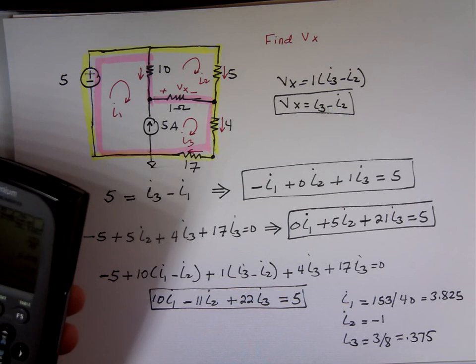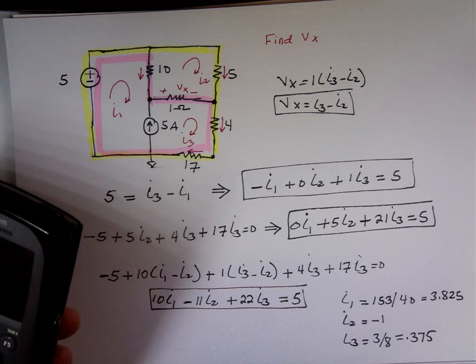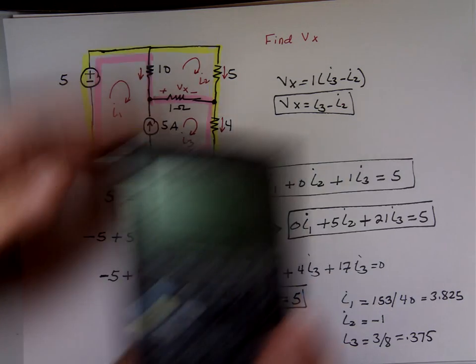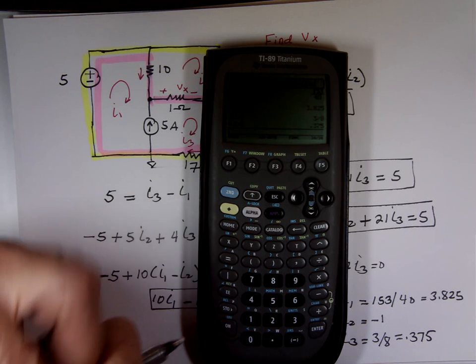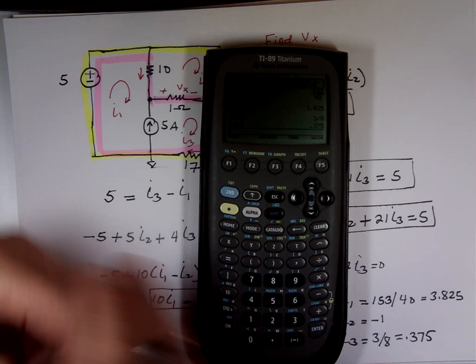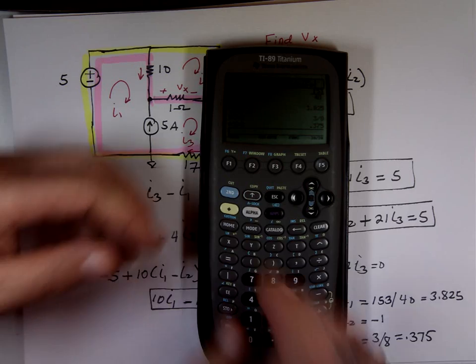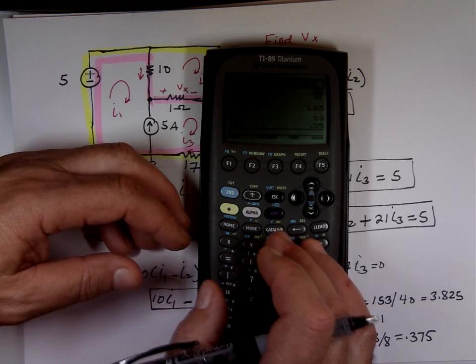Maybe I'll do that. You can hit the green button, and then you hit the enter button. The only problem is you have to do it for each one, I think. I don't know if you can get them for all. Let's see if it'll do that. Actually, I never did that. Let me see if it does that.